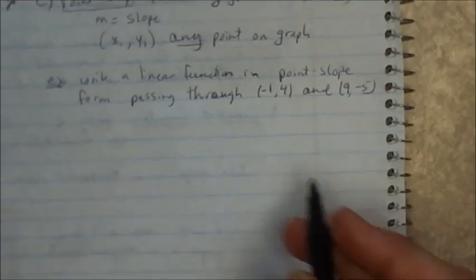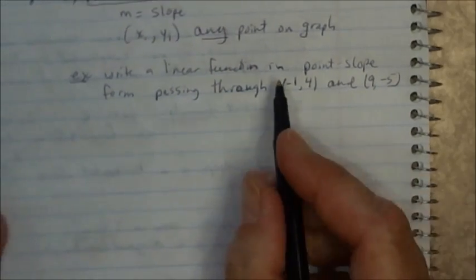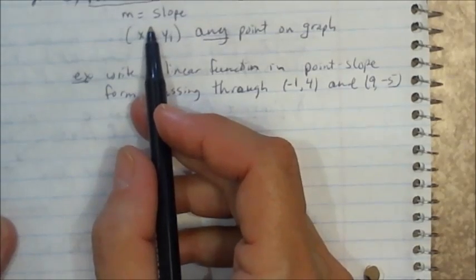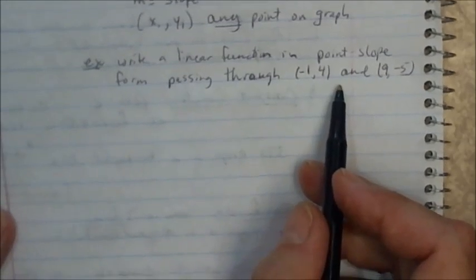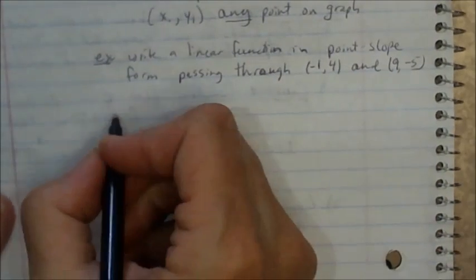All right, so we have 2 given points. What we need to do is calculate the slope with the slope formula and then use one of those 2 points and plug it into the point-slope form.